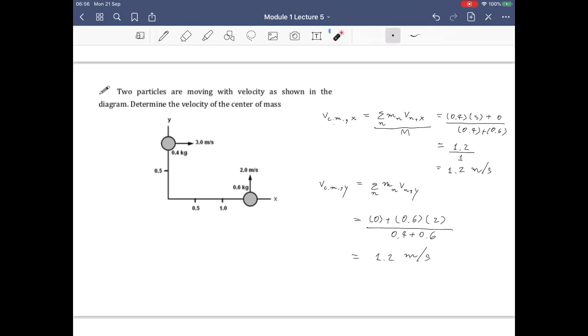Now the question asks you to find the velocity of the center of mass, so you might just answer this, or you might say that the vector v_cm is equal to 1.2 i plus 1.2 j meter per second. Again, this i and j are unit vectors that say that this 1.2 is pointing in the x direction and this 1.2 is pointing in the y direction.